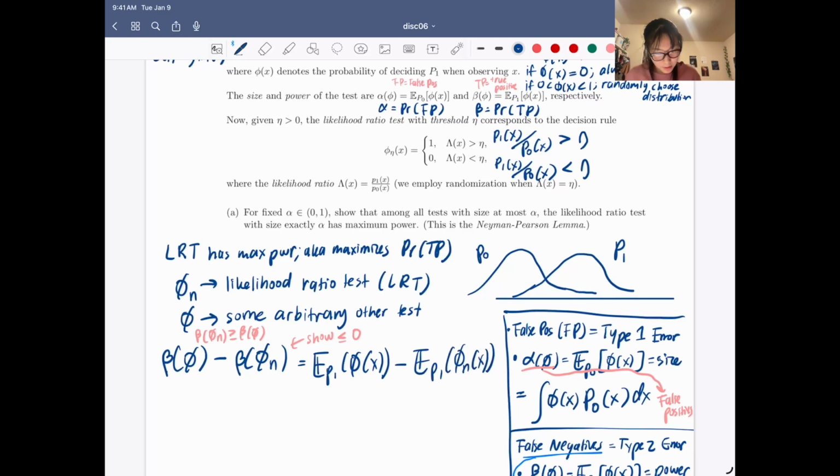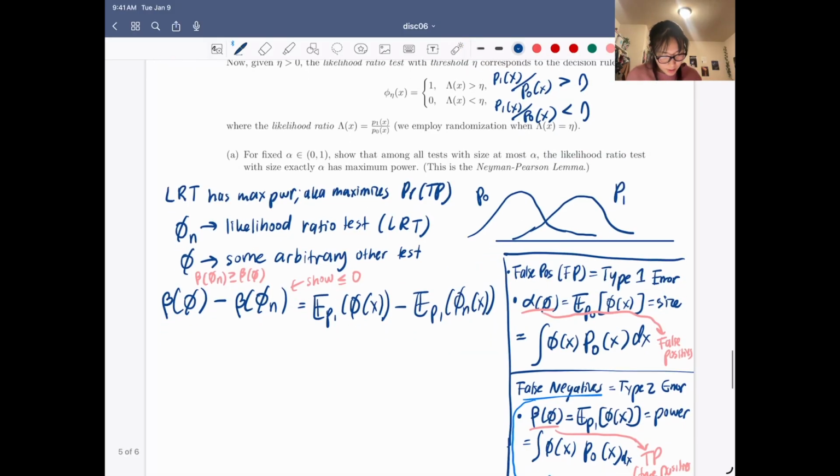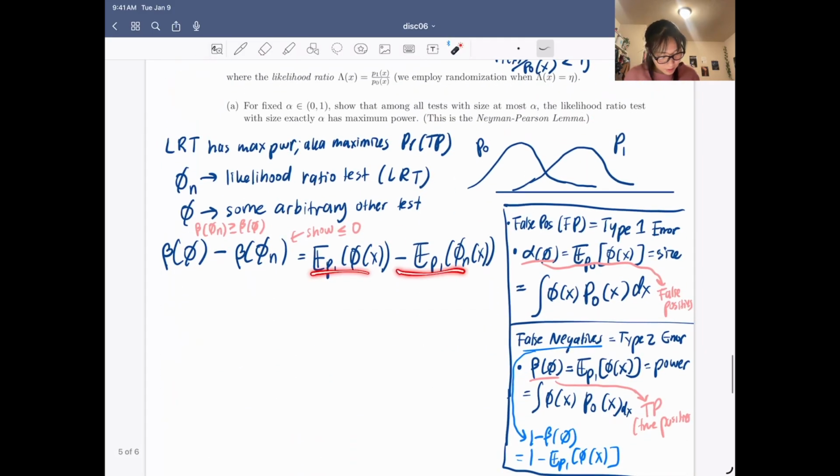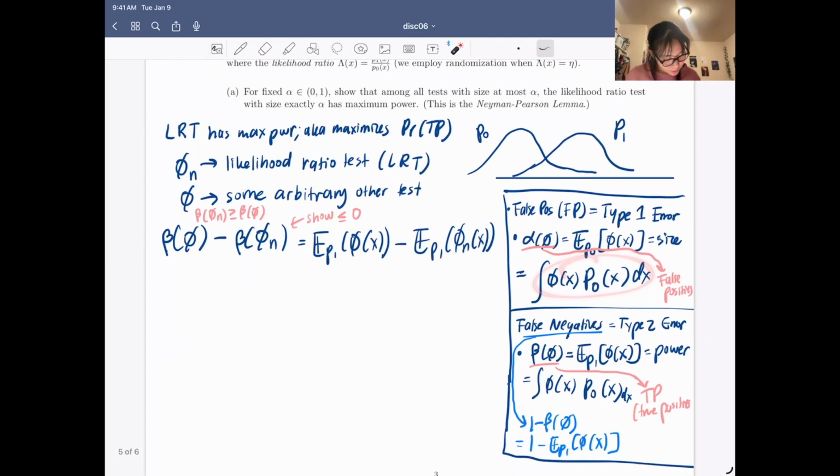So this is just plugging in the definition of power. And remember, by the definition of expectation, these expectations are equivalent to these. Oh, I just realized I made a mistake here. This should be P1.